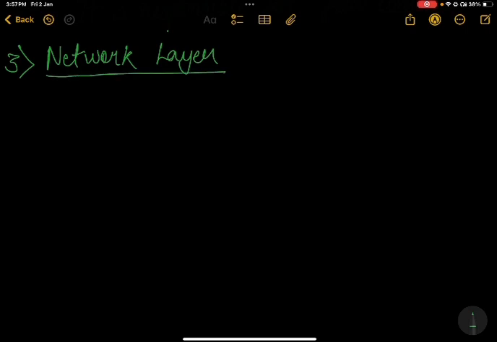Next is the network layer. This is the third layer. This layer handles logical addressing and routing.